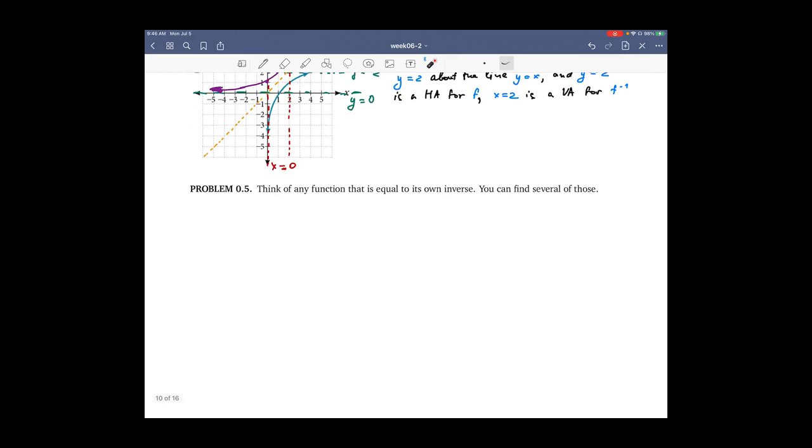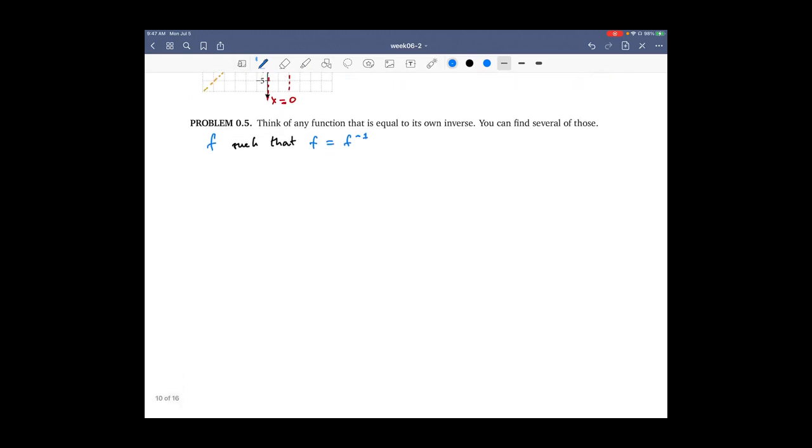How about this nice question? Think of any function f such that f equals f inverse.